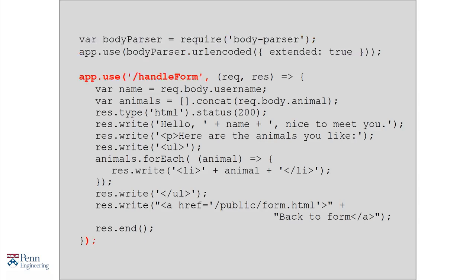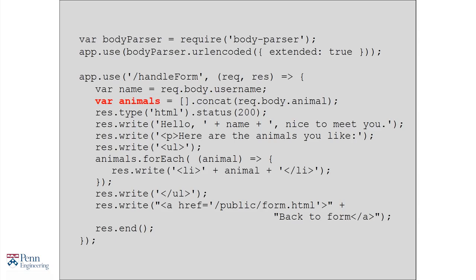For this particular URI, we have our callback function that's going to create a variable called name, which will be the username from our form. And remember, the body parser middleware would put the form data into the body property of the request.